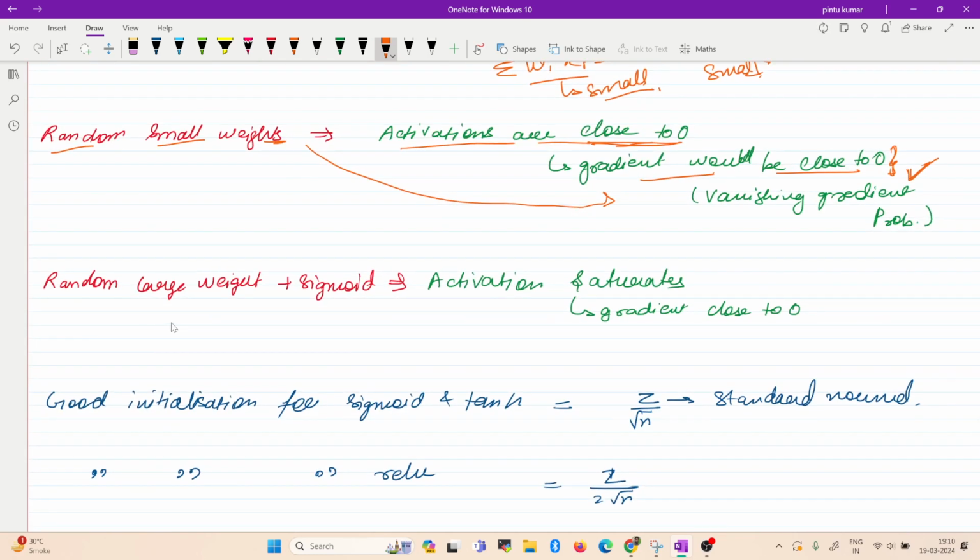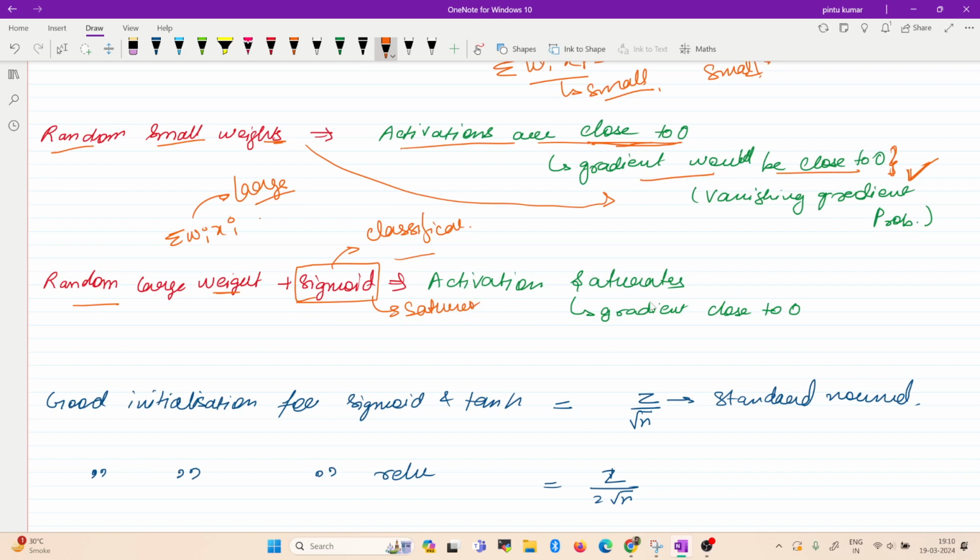Now, the second thing is, if you take large weights and you take some function like sigmoid, let's say you are doing some classification task, then your sigma wi xi will output large values. And for large values, your activation function is saturated.